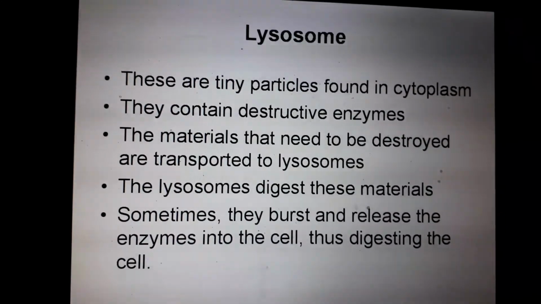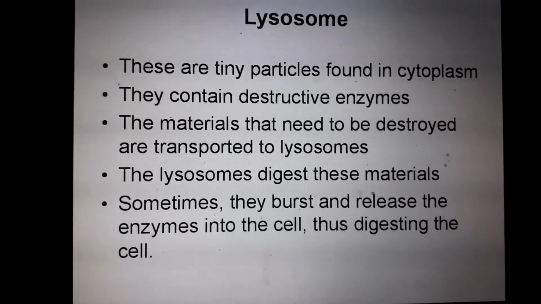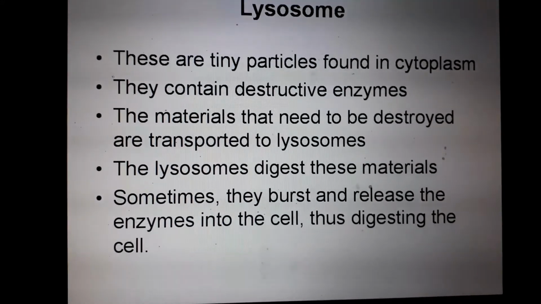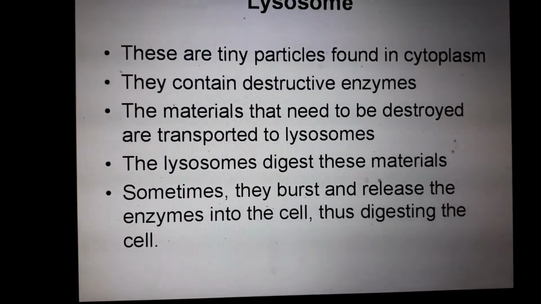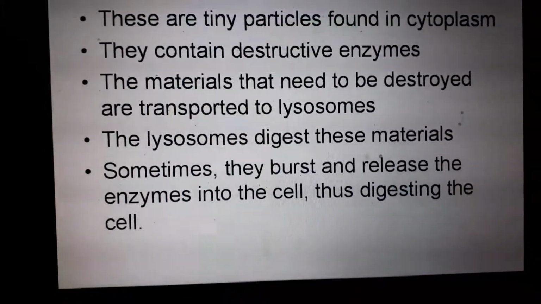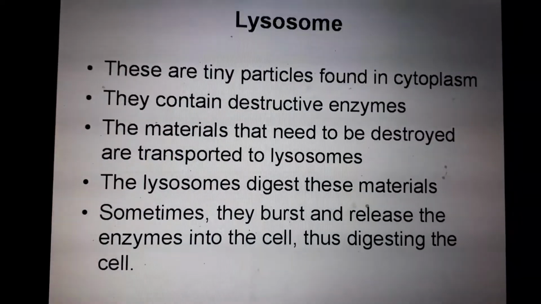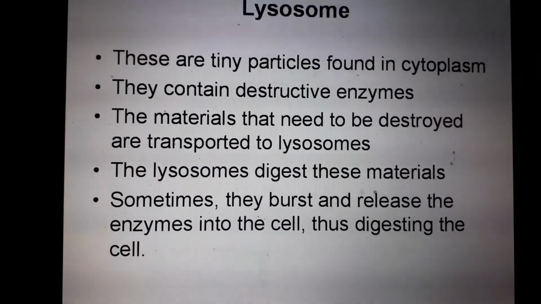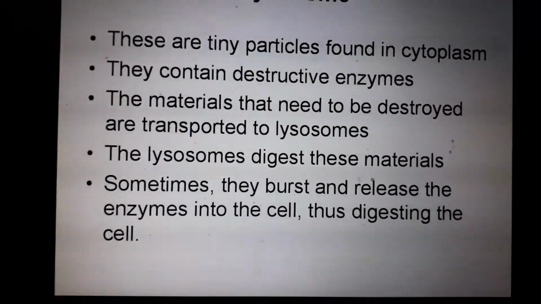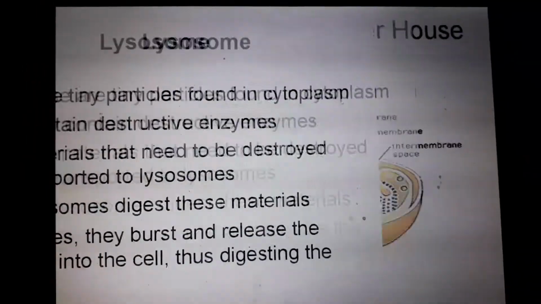So, lysosomes are tiny particles found in cytoplasm. They contain destructive enzymes. Whatever needs to be digested or destroyed is transported to the lysosomes. Lysosomes digest these materials and sometimes they burst, releasing the enzymes into the cell, thus digesting the cell.